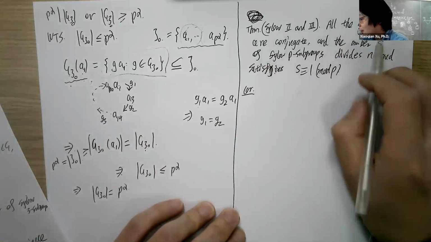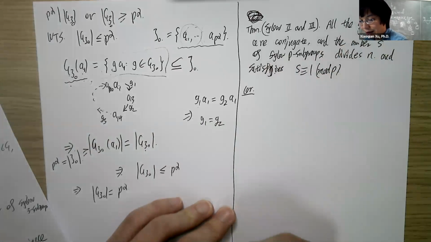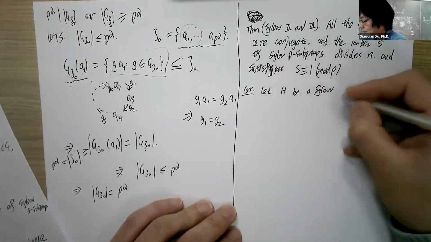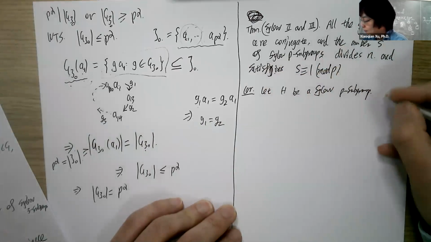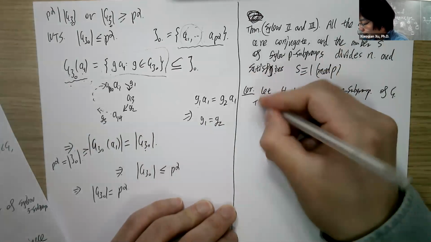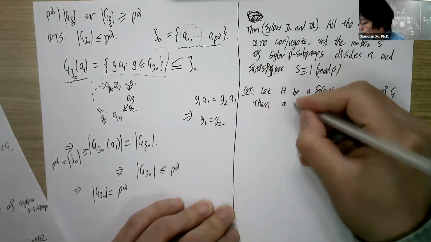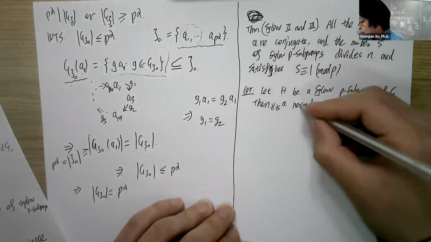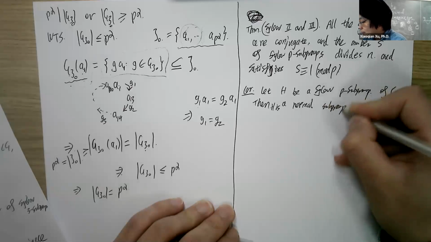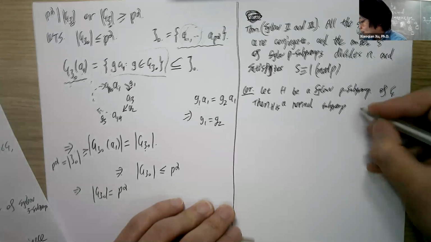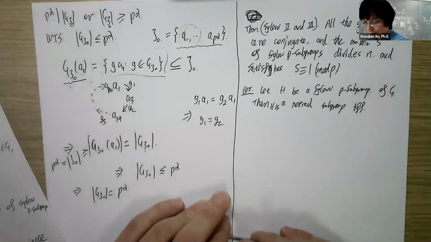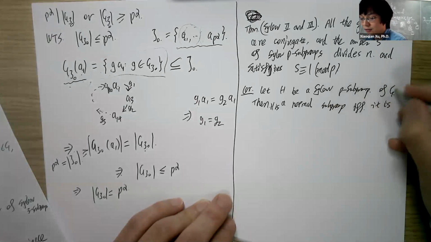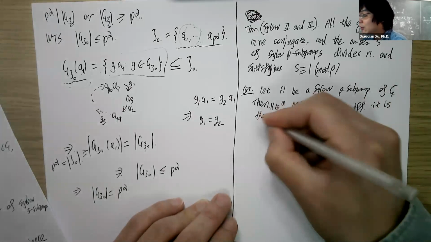The corollary is, since all the Sylow p subgroups are conjugate, if you have a Sylow subgroup H and we want H to be normal, it happens only if G only has one Sylow p subgroup.